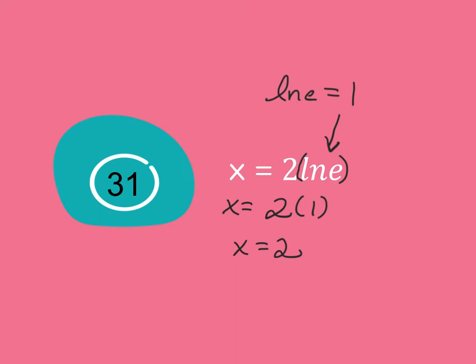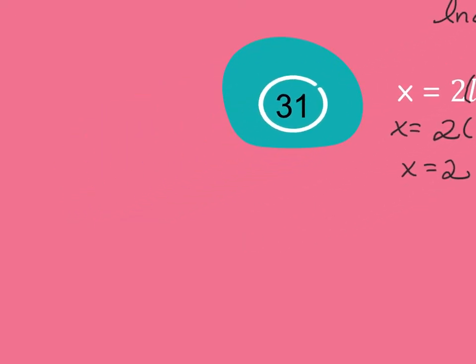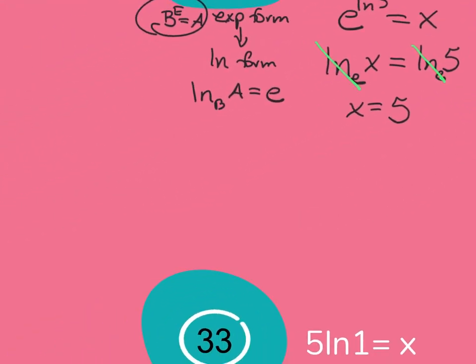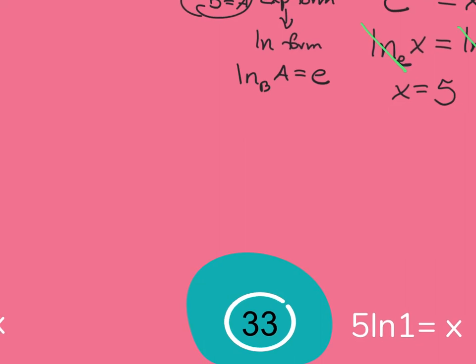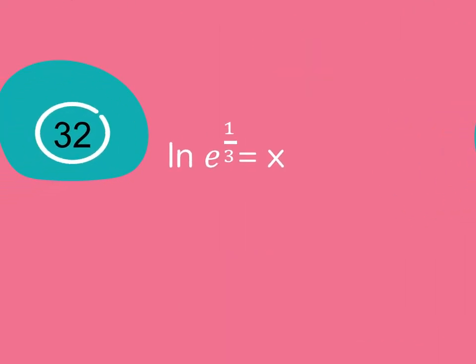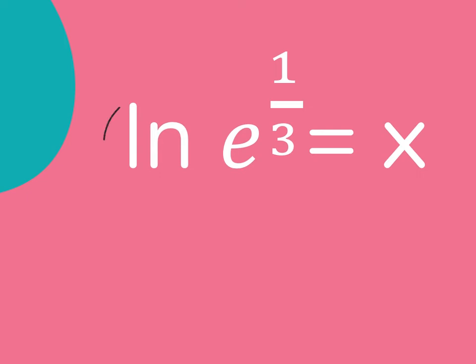Let's try number 32. Now, if the ln e is raised to a power, we can't just take this out and say that it's 1. We're going to learn some techniques of moving the exponent to the front, and then we can do that.